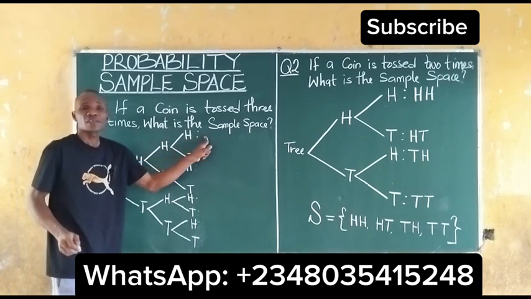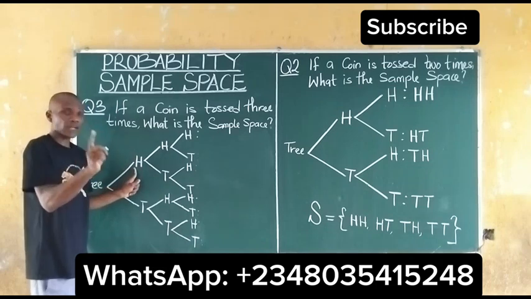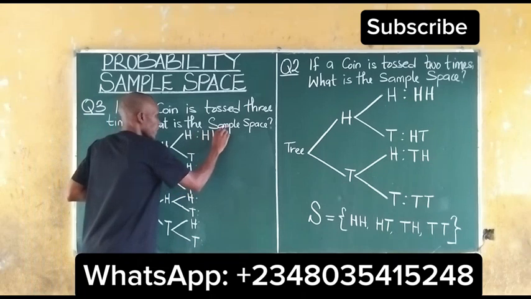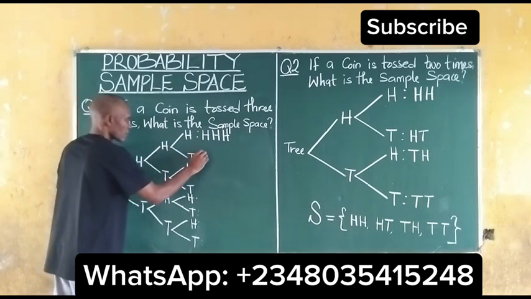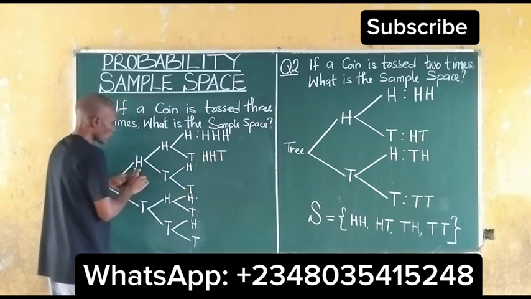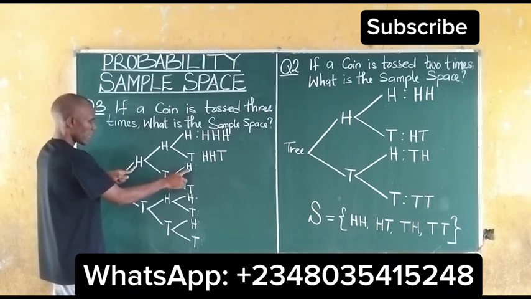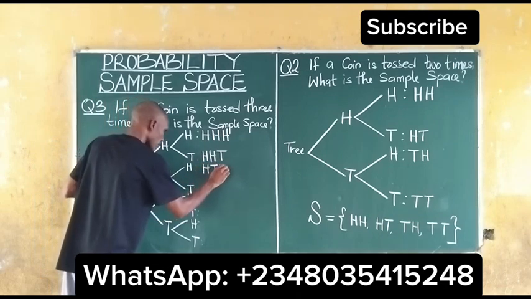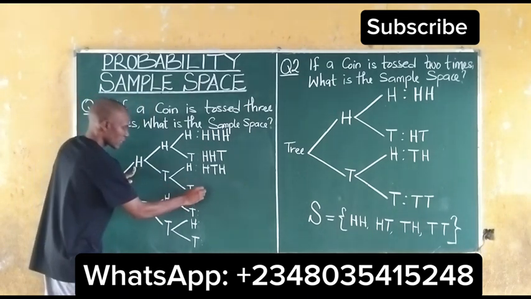How do we get the possible outcomes for this experiment? Now, see how you count it. The first outcome will be head, head, head. The second outcome will be head, head, tail. The third outcome will be head, tail, head. The fourth outcome will be head, tail, tail.